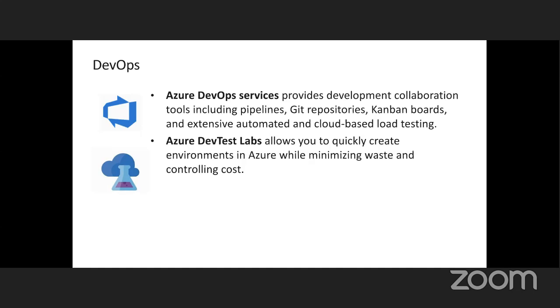They use a lot of standard automation, and also load testing. They also have something called Azure DevTest Labs, which allows you to quickly create environments in Azure while minimizing waste and controlling cost. So if you want to save money, Azure DevTest Labs is the way to go, and that's in DevOps, okay?